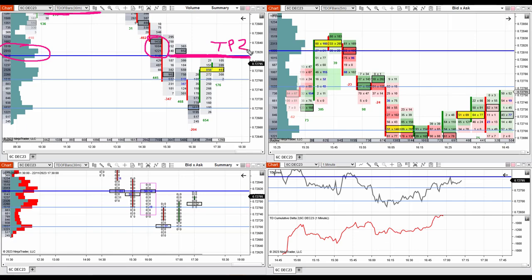Let's call it take profit number 2. All right. But I quit the trade in here at take profit number 1 as soon as the price made this reaction. I didn't want to push my luck because again the price was in sharp downtrend and I didn't really want to go against those strong sellers.